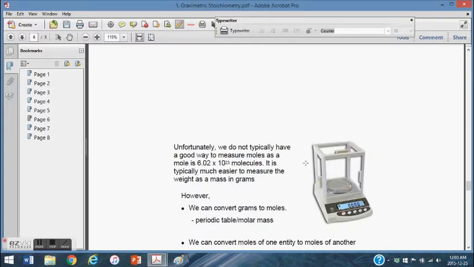Now, we don't have a good way to measure moles. A mole is 6.02 times 10 to the 23rd molecules. If you were to count that, it would take you a long time, and counting a mole of one thing would be more than you'd be able to do in a typical lifetime.